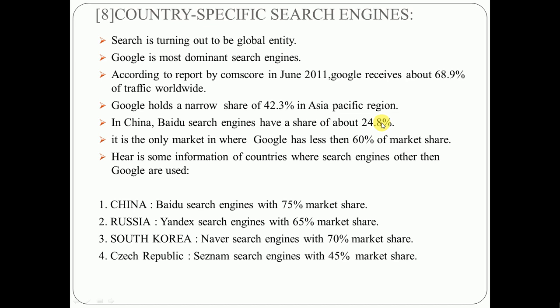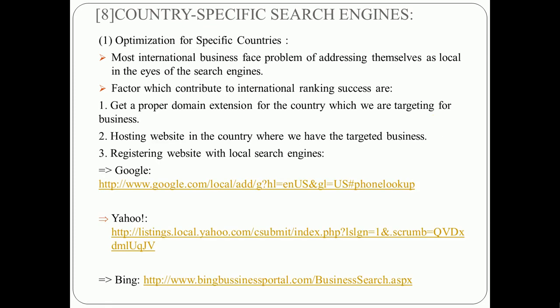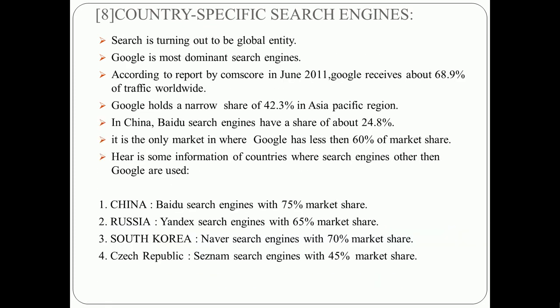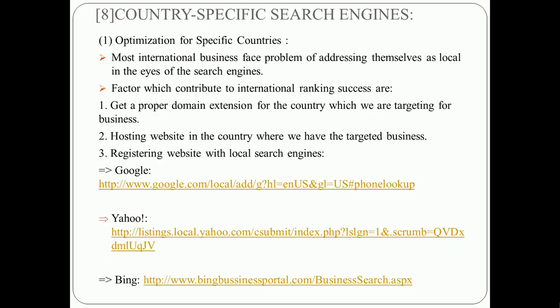In South Korea, the Naver search engine has a 75% market share, so we can say that in South Korea, Naver is the most popular. In the Czech Republic, the Spkm search engine has a 45% market share. So these are the search engines which are most popular in specific countries.